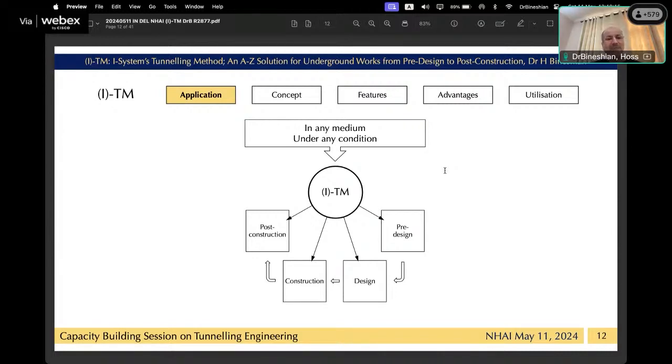No, ITM can work in any medium, rock or soil or underwater, under any condition, in any squeezing, swelling, heaving, rock burst, time-dependent, plastic, viscoelastoplastic, or very good and competent rock. It is applicable from pre-design to design to construction, and even after construction in the post-construction phase for maintenance.